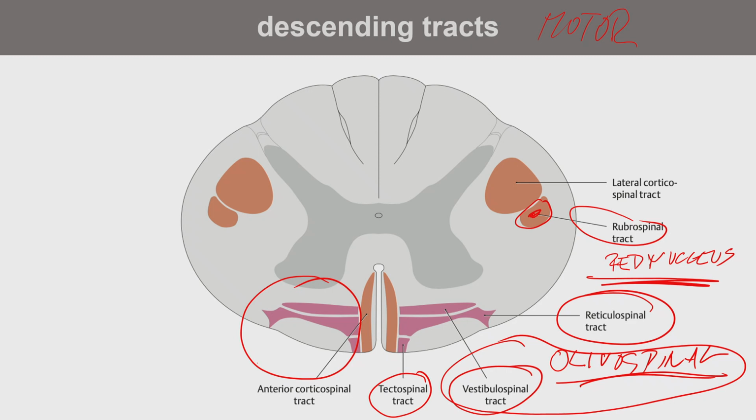So the tectospinal tract works typically when you are walking, crossing the street, and a car is coming, and you hear and see the car in the peripheral part of your field, and you change your position. Or typically, when you see a cheetah hunting a gazelle, and the gazelle is changing position, the cheetah is able to follow the direction.